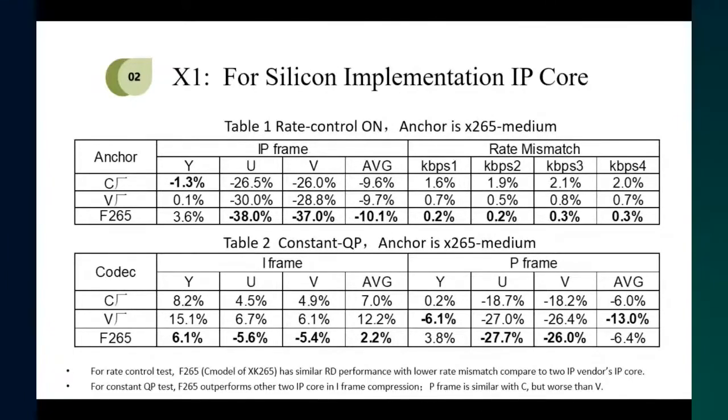And the P frame is similar to Chips&Media, but worse than VeriSilicon because we use a smaller CTU size. So for the P frame we are not as good as VeriSilicon.